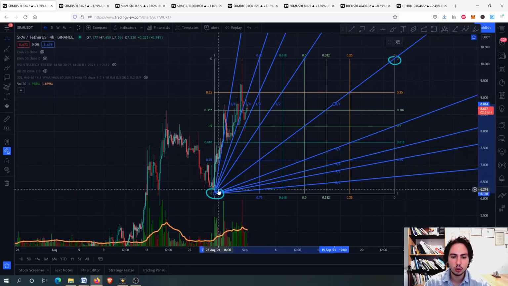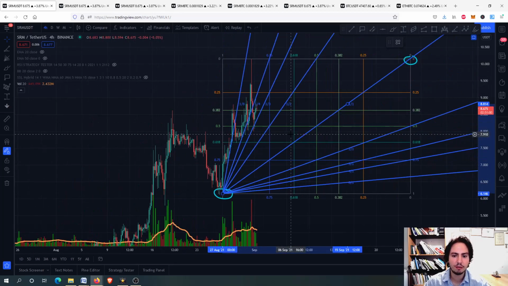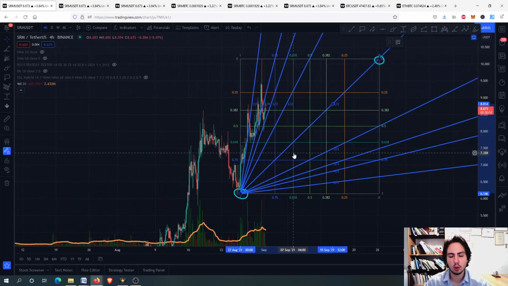It goes from the bottom to the top. You can see this is the 1:1, the 45 degree angle, and we square from this bottom to this top.